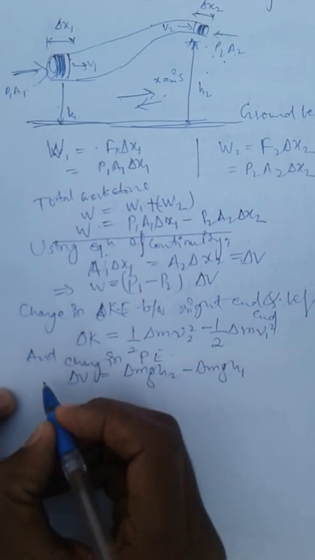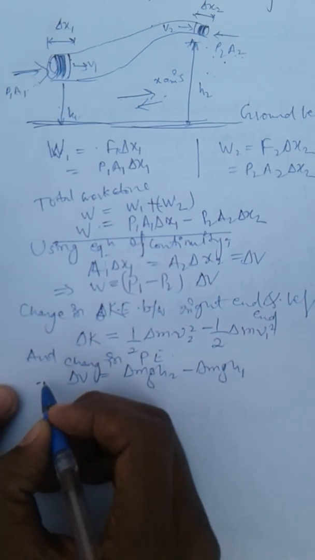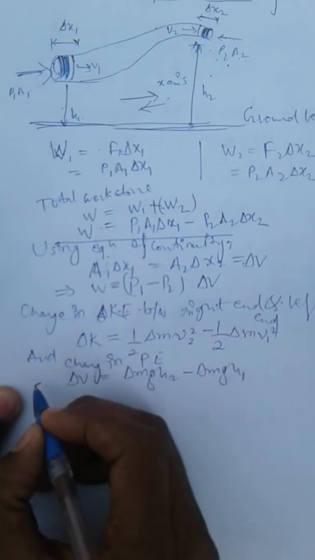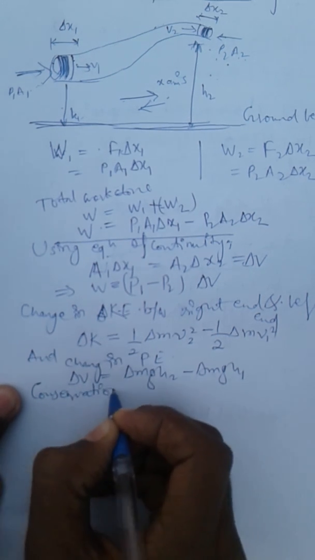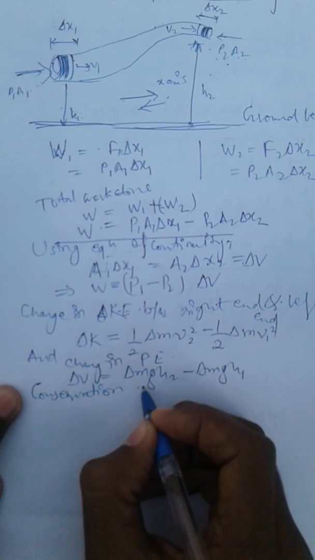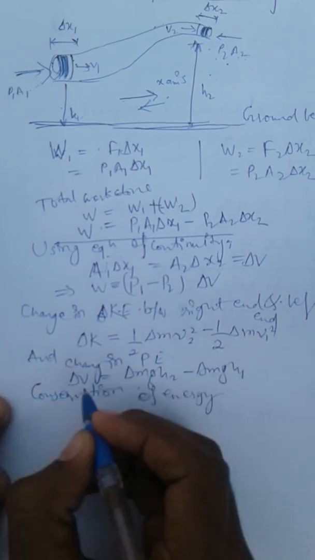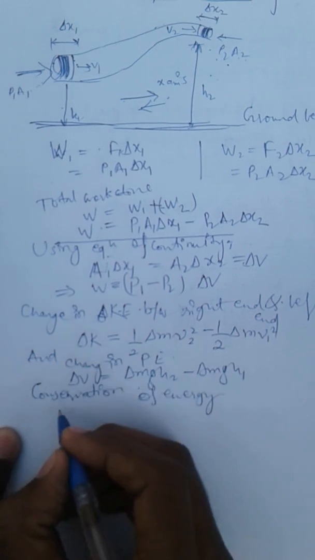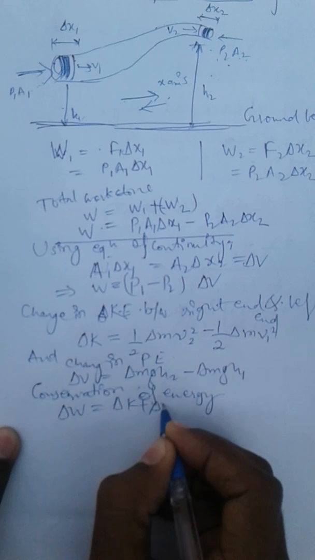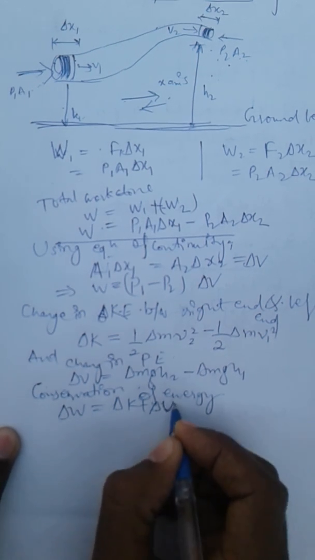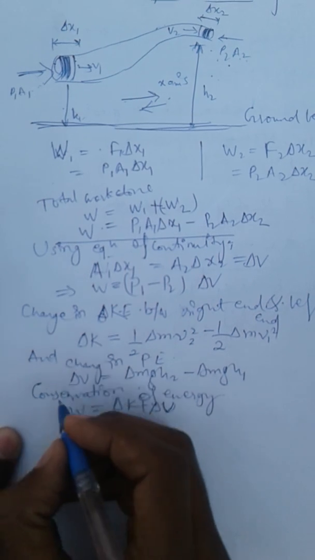Next we discuss using conservation of energy. What do we get? Del w equal to del k plus del u, that is, potential energy plus kinetic energy equal to work done.